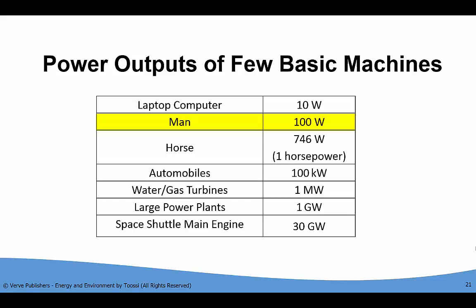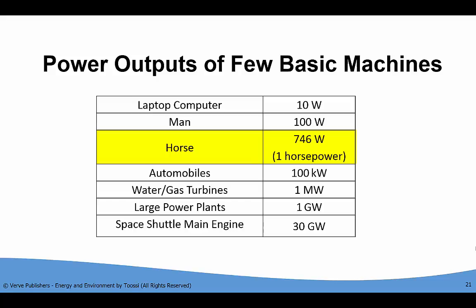Of course, if this person does some activity, then he's using the energy much faster. You burn up more energy in a shorter period of time, so we use more power. A horse, on a continuous basis, can produce about 750, to be exact 746, watts. This is what we mean by 1 horsepower. So a horse can continuously produce that much power on a regular basis.